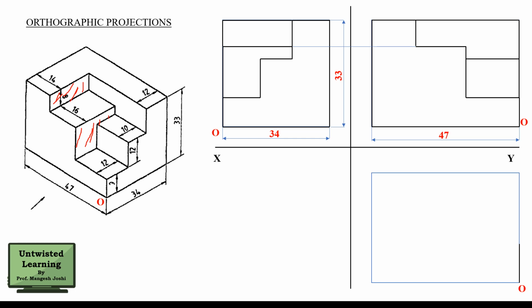Now in top view, first of all we will draw 12 mm and then we will project from the front view the corresponding required rectangle. So currently we are drawing this part, then 10 mm. Now we have drawn this part. Now we have to draw this L section on the top.